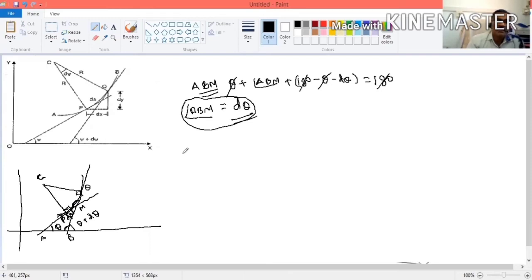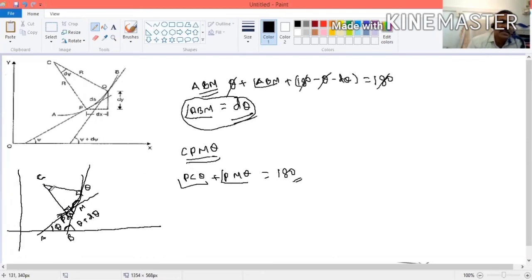That is C, P, M, Q. So in this shape, the total angle will be, this is 90 degrees, this is also 90 degrees. What is this angle? This is P, C, and Q, angle PCQ. This angle plus this angle, this is P, M, Q. This is 180 degrees. Am I right?